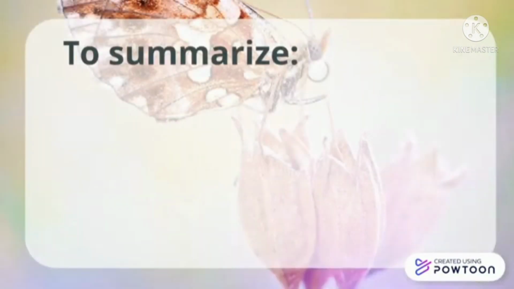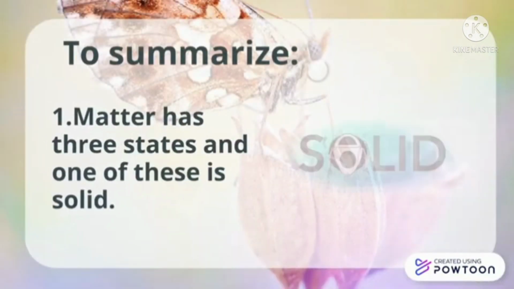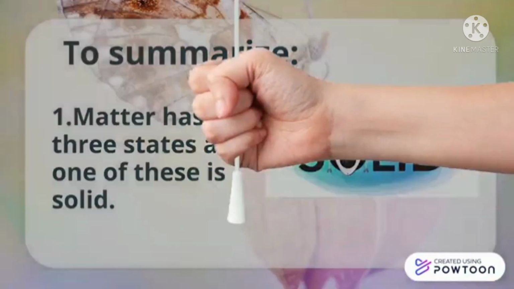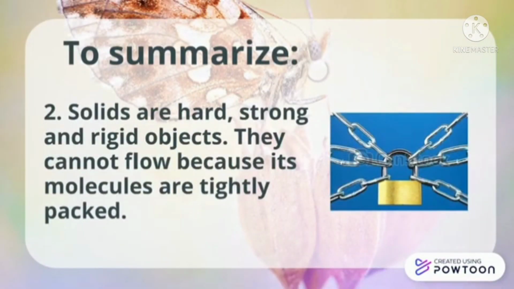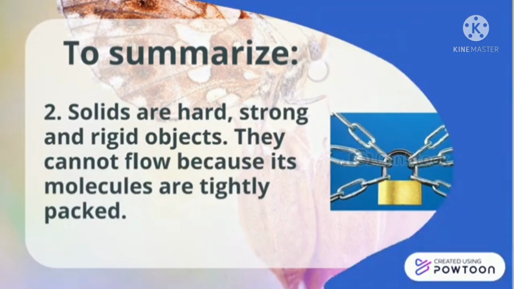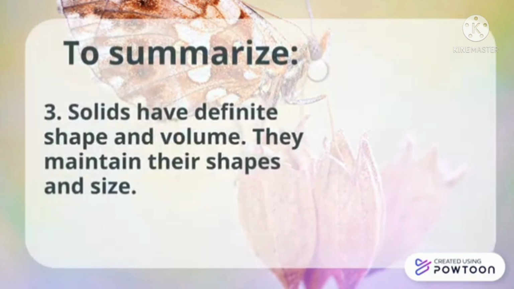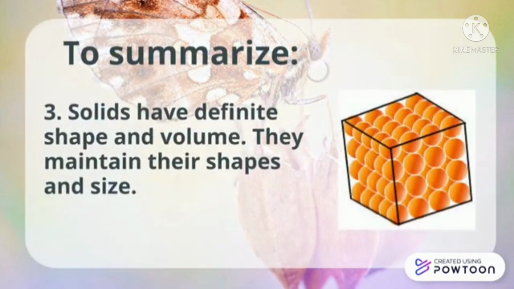To summarize, matter has three states and one of these is solid. Solids are hard, strong, and rigid objects. They cannot flow because their molecules are tightly packed. Solids have definite shape and volume. They maintain their shapes and size.